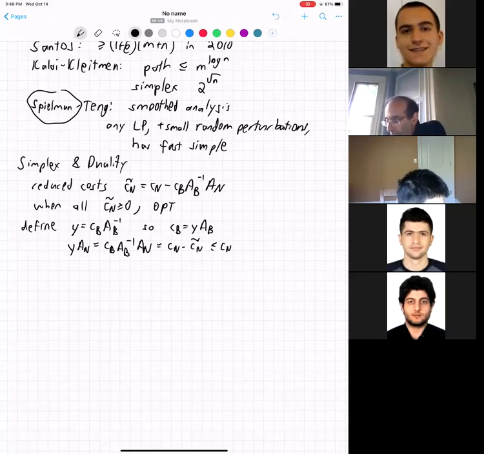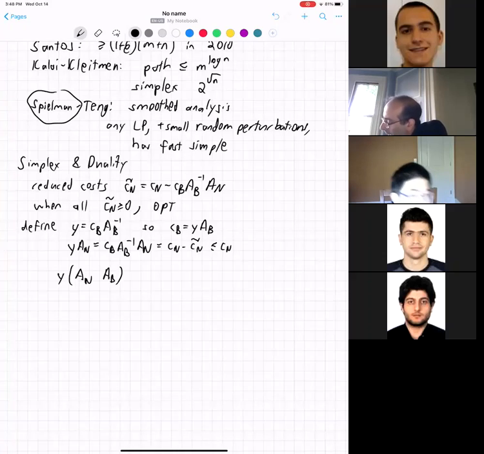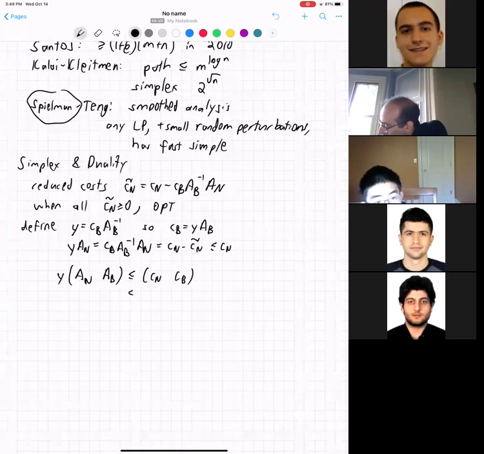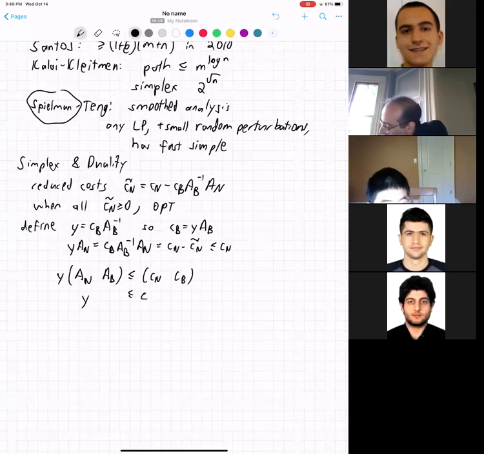So if I put those together, that tells me that y times the combination AN and AB, we have equality and an inequality, so I can combine them together and say that it is less than the corresponding coefficient. In other words, yA is less than or equal to c.